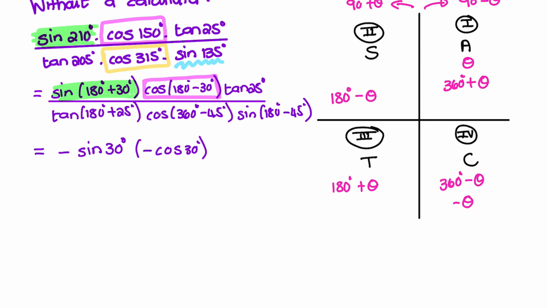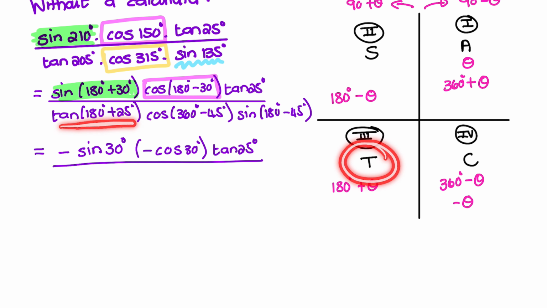Then we have the tan of 25, which was simply the tan of 25. In the denominator, the tan of 205 is tan of 180 plus 25, which is in the third quadrant, and that reduces to positive tan of 25 degrees. What I immediately notice is that these tan ratios cancel one another out.